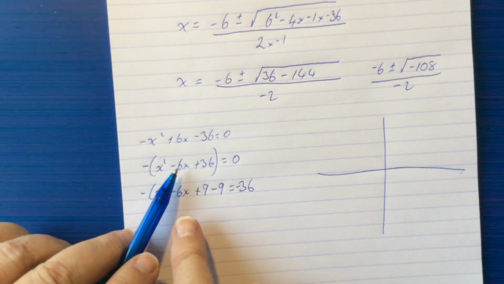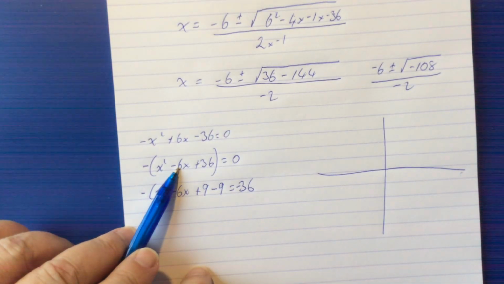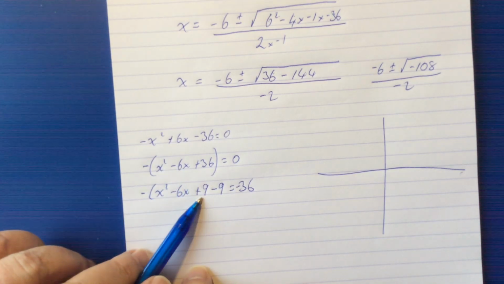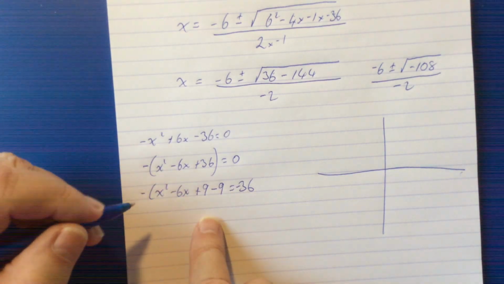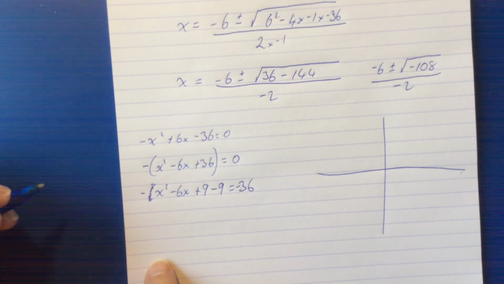So what have I done? I've halved the coefficient of x, so I get negative 3. I've squared it and I get 9, and because I added 9, I subtract 9. I don't need that bracket there, or do I?